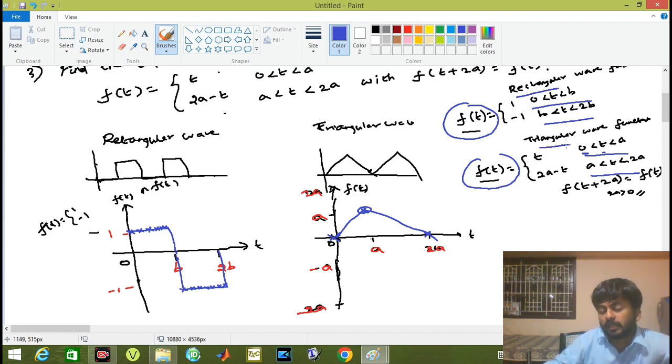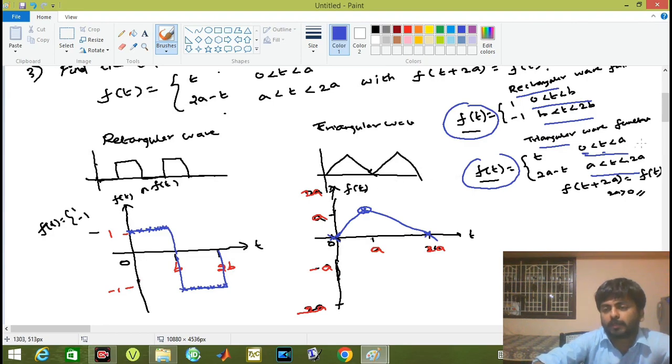And there is another wave called square wave, which is a part of this rectangular wave. So you have to be very clear. This is very basic and fundamental. Now only we are going to the problem.